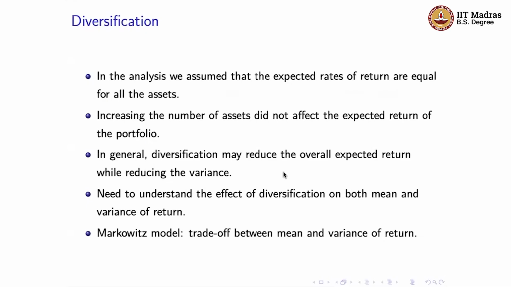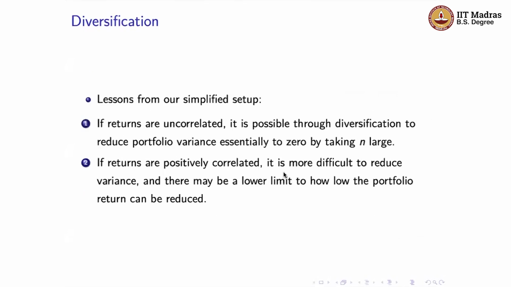And this is in fact a motivation for one of the models that we are going to consider this week, which is known as the Markowitz model, where this trade-off between the mean and the variance of return is going to be explicitly considered. Having said that, there are still a couple of important lessons to learn from our simplified setup.